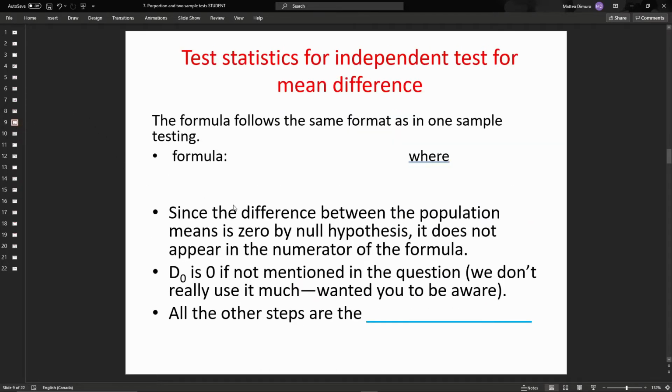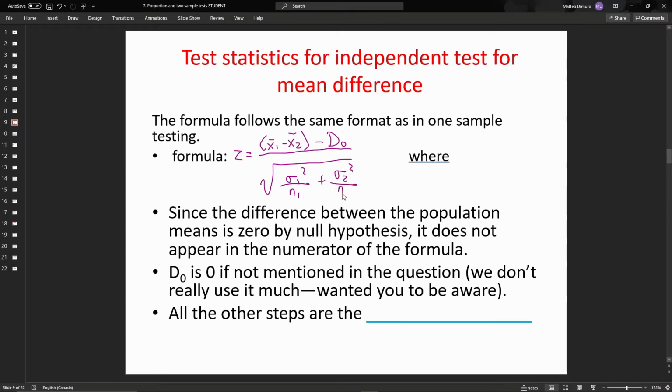So seeing is believing. Here's the formula if you're comparing two samples. So Z equals X bar 1 minus X bar 2, subtract D0, divided by, this is basically the averaged standard deviations, right?